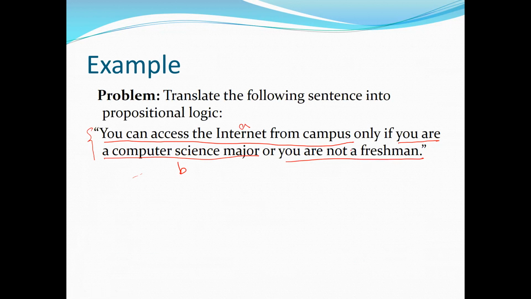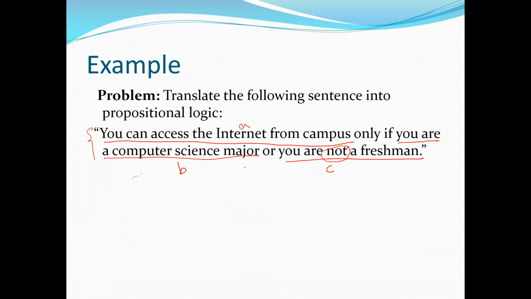I am ignoring this not. I already told you we do not consider this not because it is a negation operator, and when we assign it to the propositional variable, we ignore this not. So let me call this C, right?